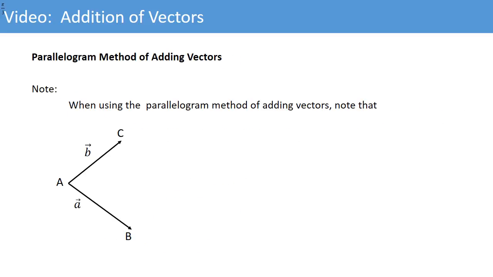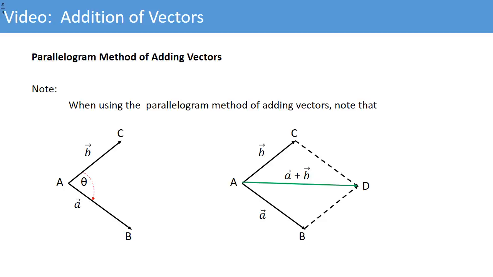Note, when using a diagram with vector A and vector B, and we have the inside angle theta, we then draw the parallelogram. We still have angle theta, but the measure of the adjacent angle is equal to 180 degrees minus theta.